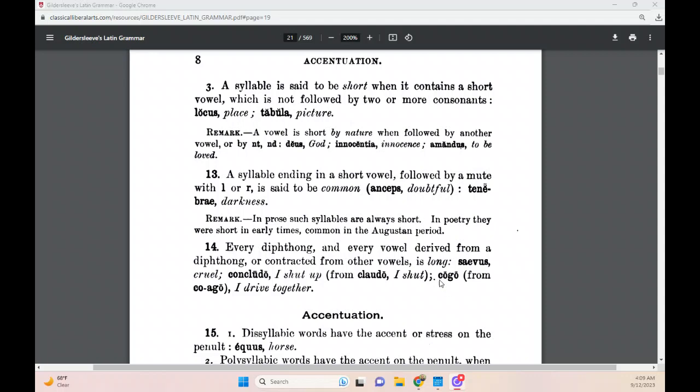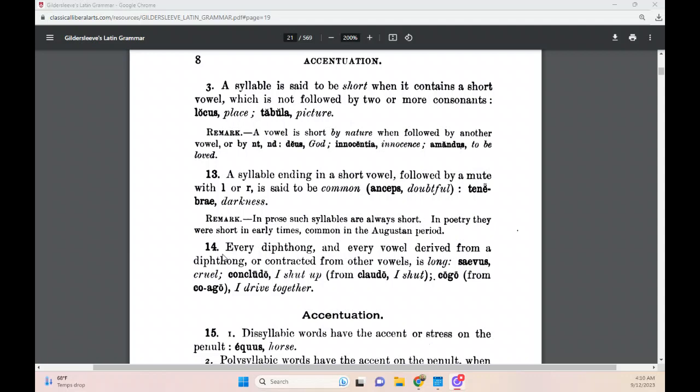So here we have the word cogo, and we see that this is derived from the two words co and ago, but the a is dropped out of this word. So instead of saying co ago, we contract the vowels, and we have the vowel o, and the a is simply dropped. Because it's contracted from other vowels, this is long.